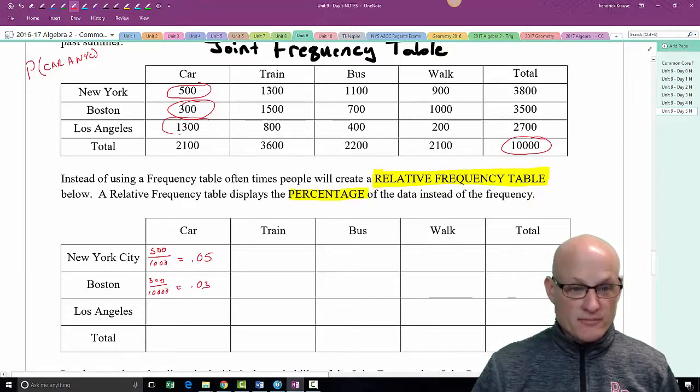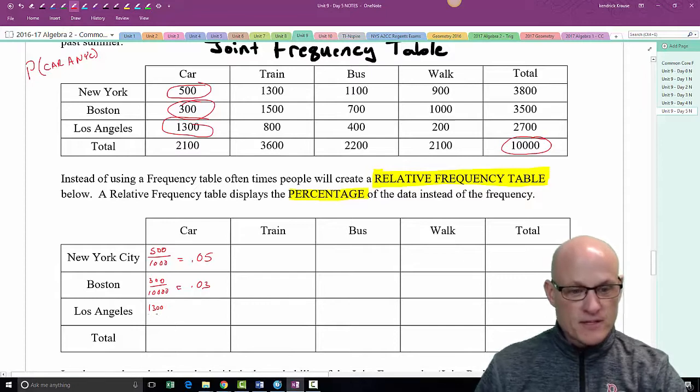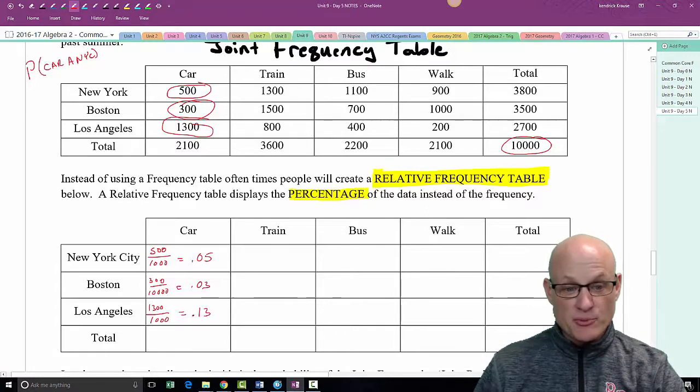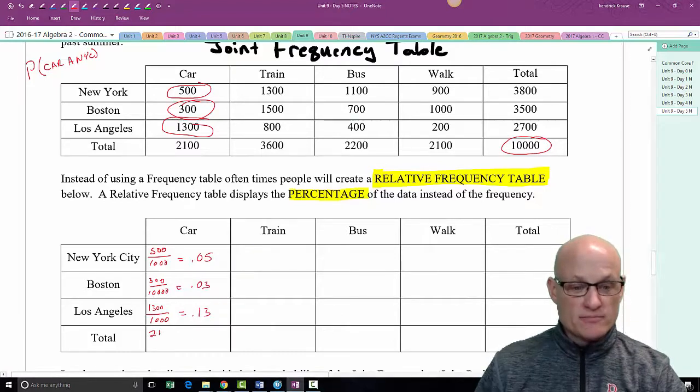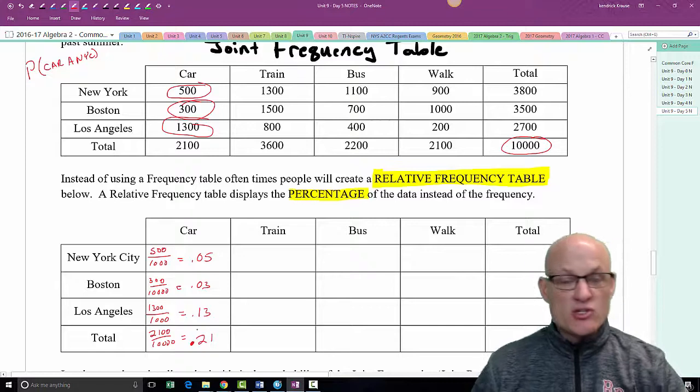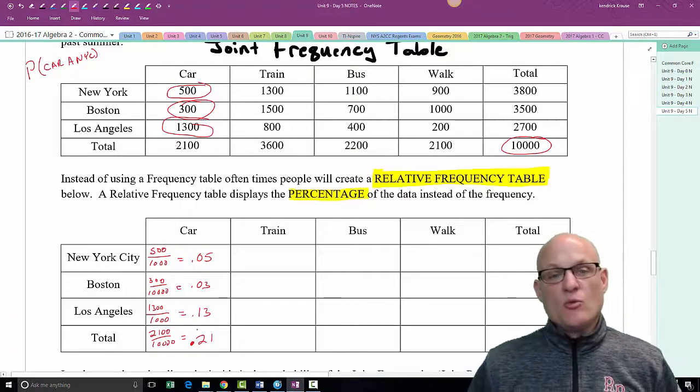This is 1,300 divided by 10,000, or 0.13, or 13%. The total would be 2,100 divided by 10,000. Now you're going to see why I was nice to you. 0.21, or 21%. 21% of the people I surveyed went by car.